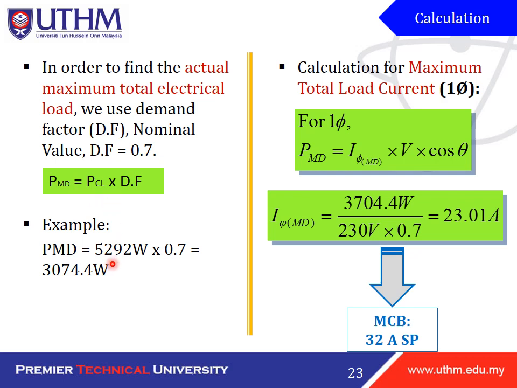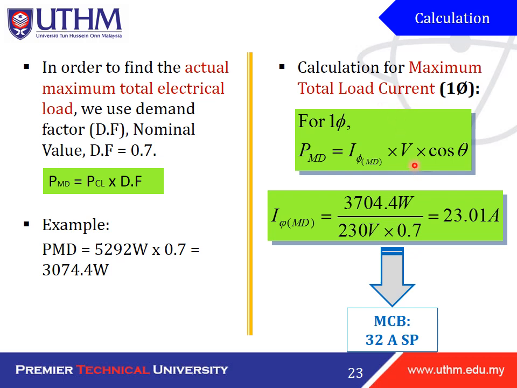Let's say we have the power connected load like 5292 watt. We multiply by 0.7, the nominal value of DF, and we have the power maximum demand of 3704.4 watt.